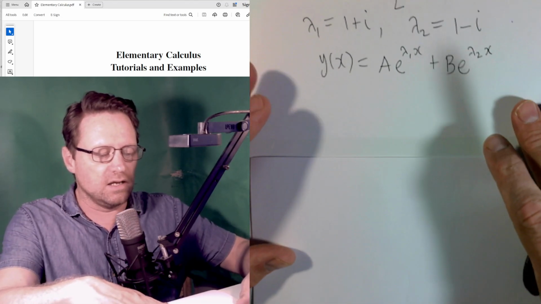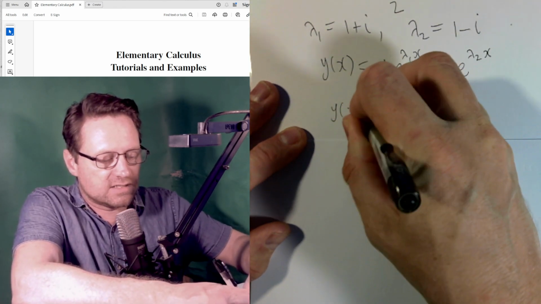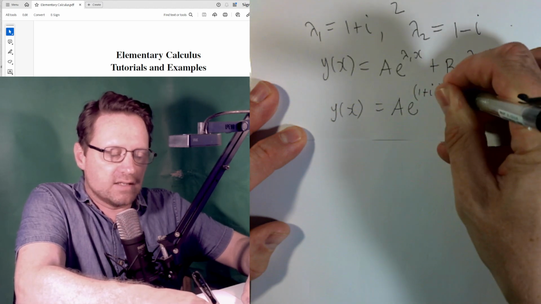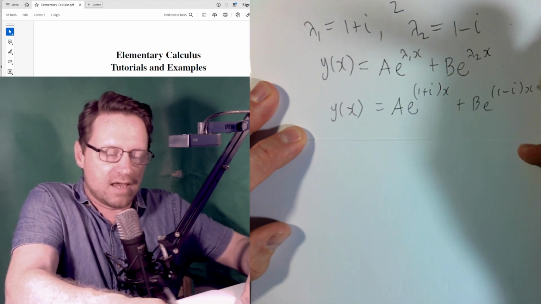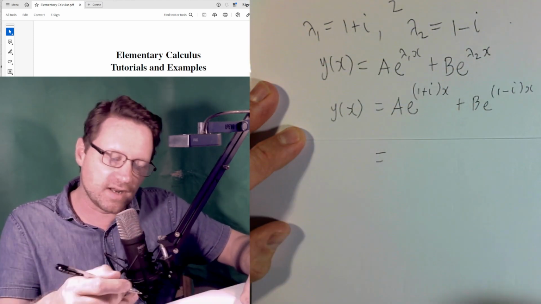Okay, so here we're going to sub in these two complex numbers. So we have y of x is a e to the (1 plus i) x plus b e to the (1 minus i) x. Now remember, we've got an expansion we can do there, and then we can use an exponent rule.